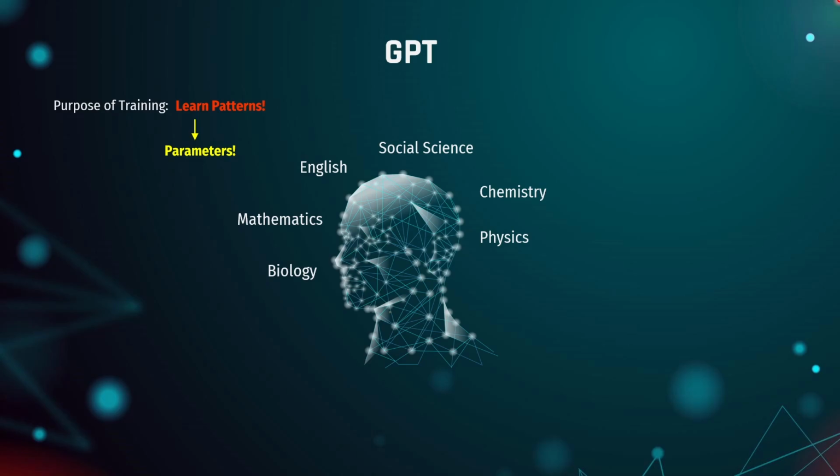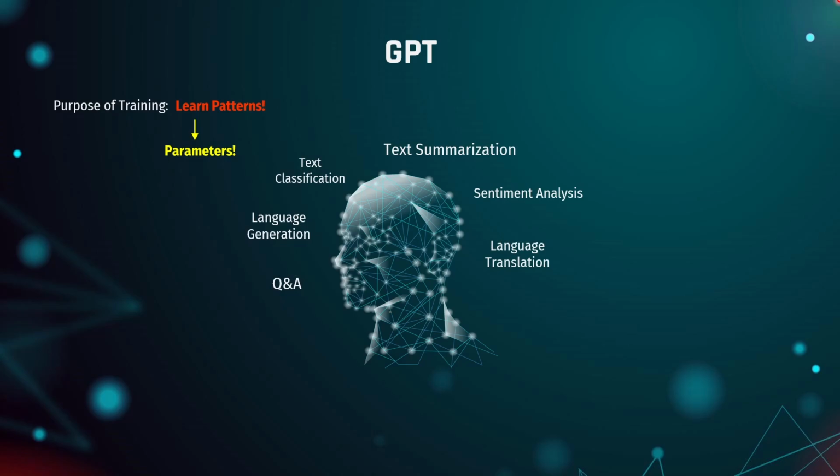All these subjects like biology, chemistry, English and all others, right? So in case of GPT, these particular subjects are nothing but NLP tasks, okay? So we have to train our GPT model on all of these NLP tasks, right? Q&A, then language generation, text classification, summarization, sentiment analysis, then translation, right?